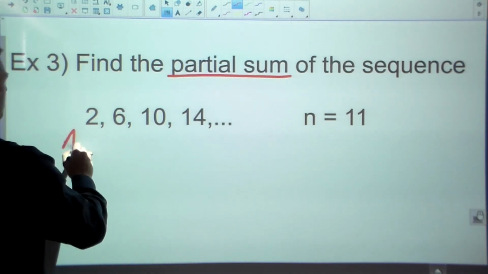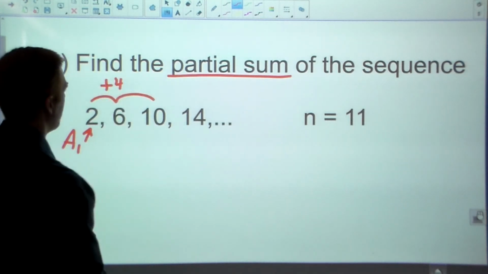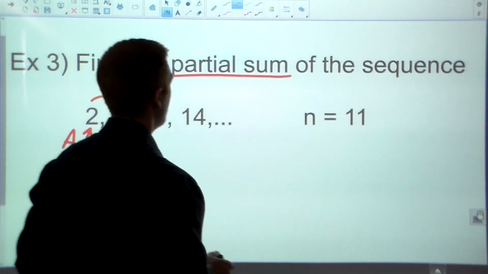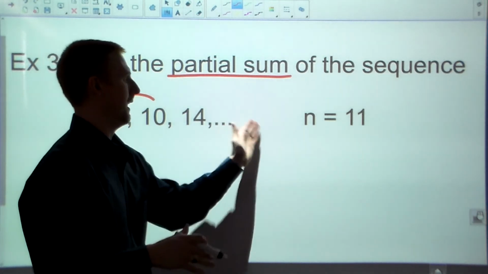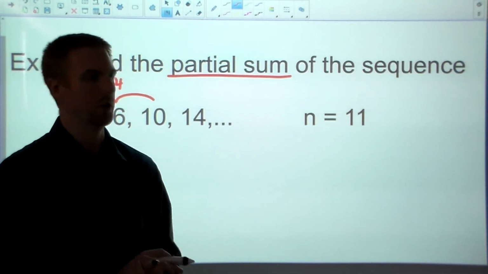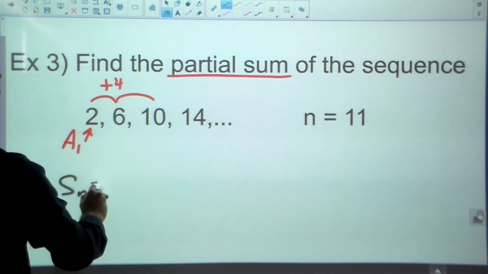We've got A1 is 2. Each time we're adding 4, so common difference is 4. We know we've got 11 terms. So what I could do right now is use the sequence formula to figure out that 11th term. And then from there, I could do the series formula and finish it up. I'm going to use that second series formula and just get it all done at one time.